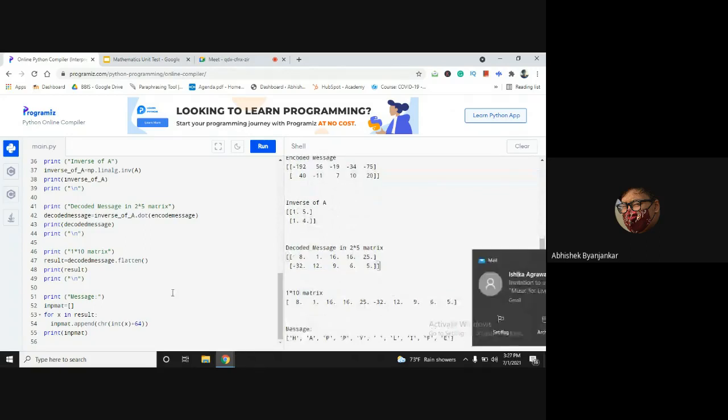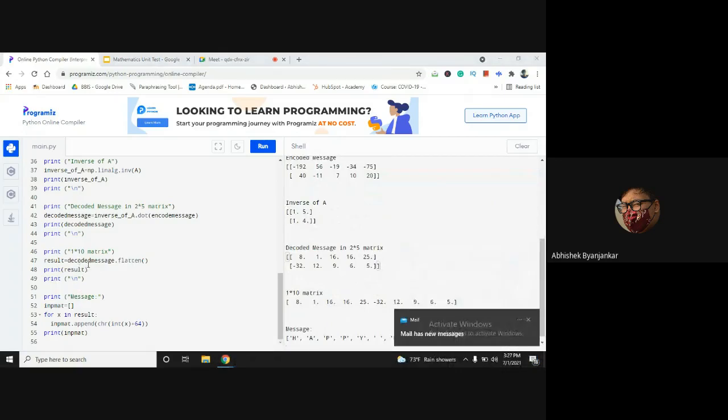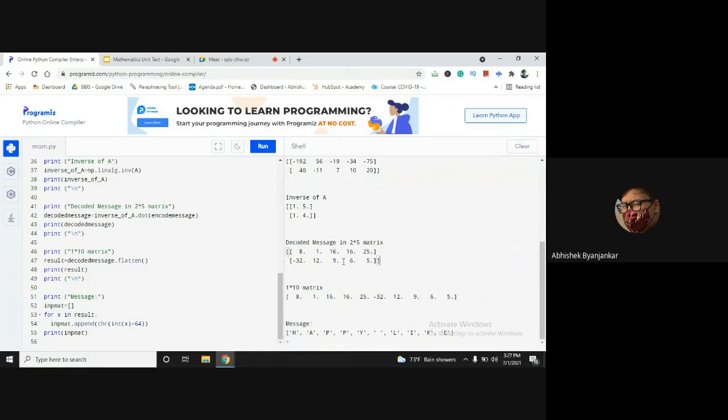After that decode, if I keep the output like HAPPY space LIFE, then it would be wrong. So I keep it in one straight line because it would be easy for us to read the message. This time it is a short message, but when there are more sentences, it would be hard for us.